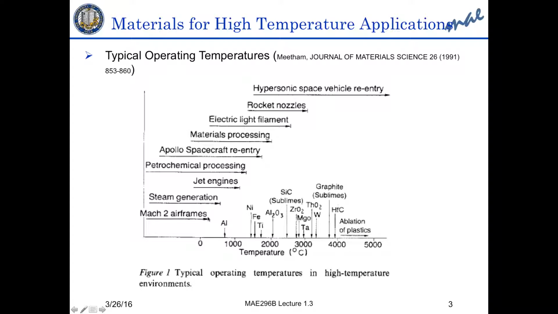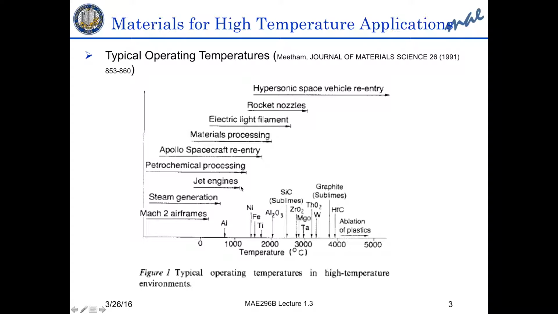So you use aluminum. Steam generation, then the maximum temperature limit is right here, maybe 600-700 degrees centigrade, and that's kind of a fraction of the melting point of nickel and iron types of materials. So alloys that are based on nickel and iron would be useful.